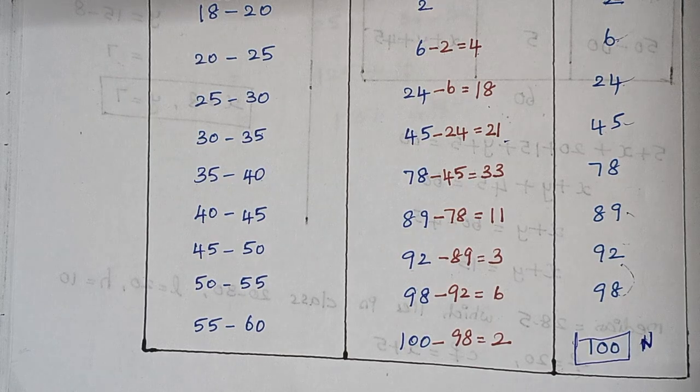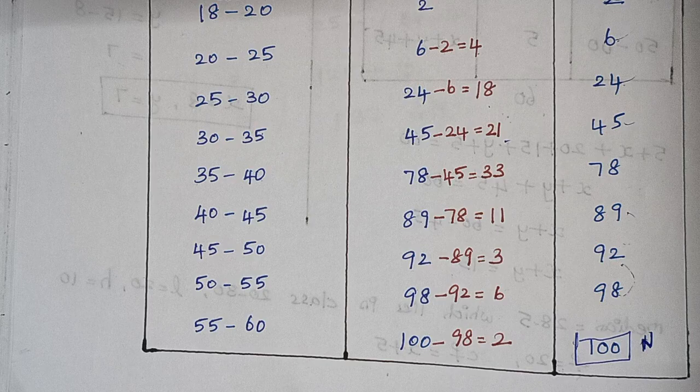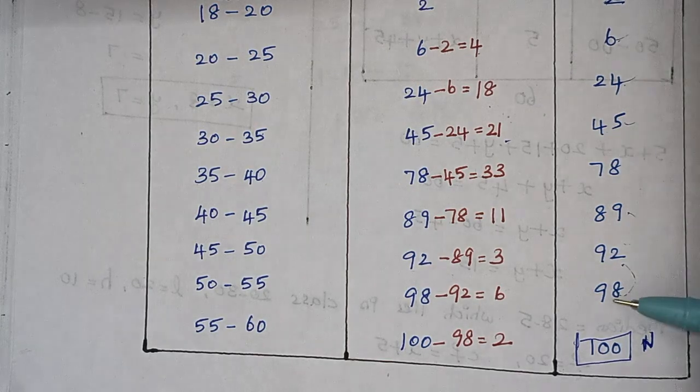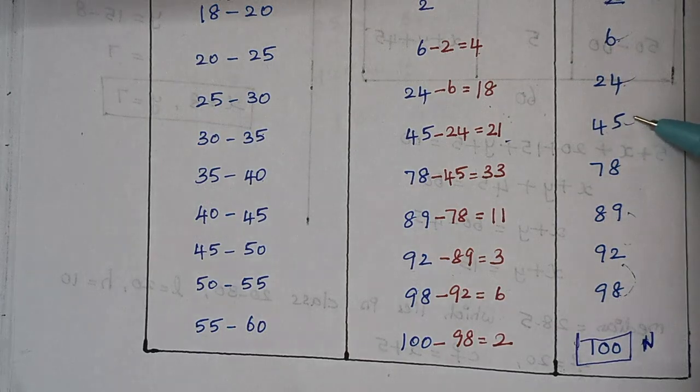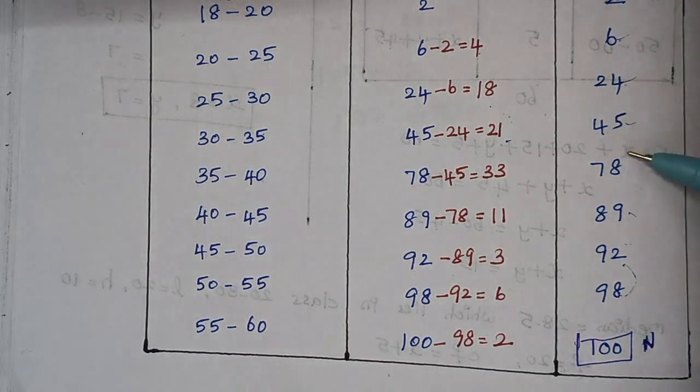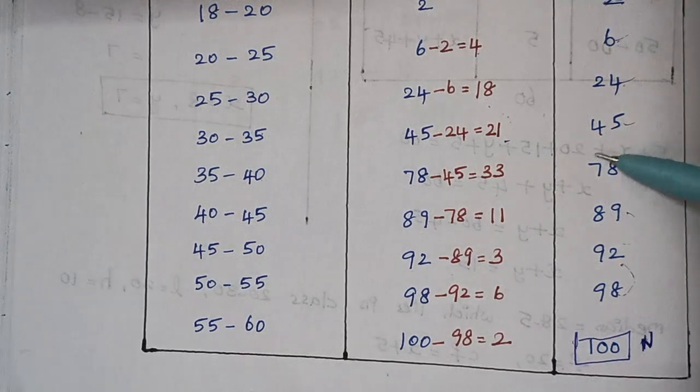So we have to consider a cumulative frequency which is just greater than 50. Looking at this column, 45 is below 50, and the value greater than 50 is 78.